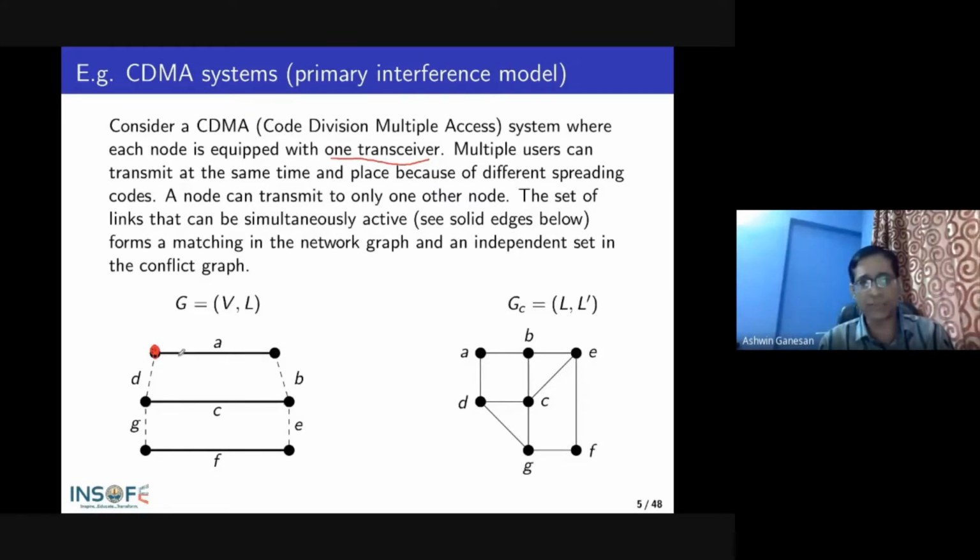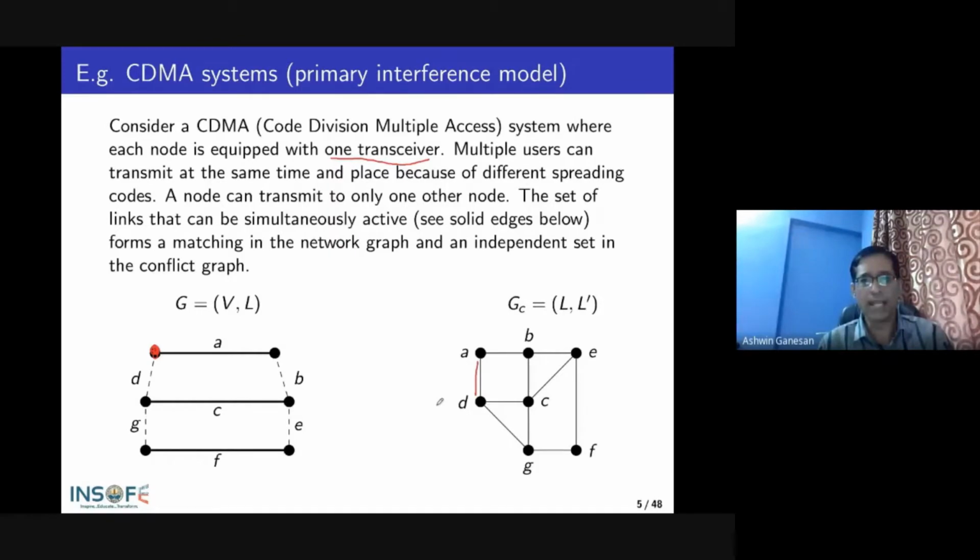If it transmits on A, it cannot receive or transmit on B because it is only equipped with one transceiver device. Transceiver is short for transmitter and receiver. So it can either transmit or receive on any one of the edges which are incident to it. That means that links A and D cannot be active at the same time, so in the conflict graph GC, we make them adjacent.